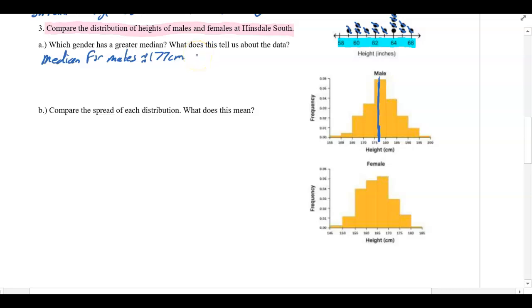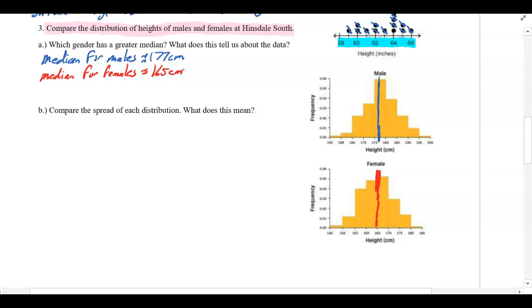So it's an estimate. And then for the females, which is below, it looks like the center is somewhere approximately maybe around here. And that looks like 165. So the median for the females is around 165 centimeters.